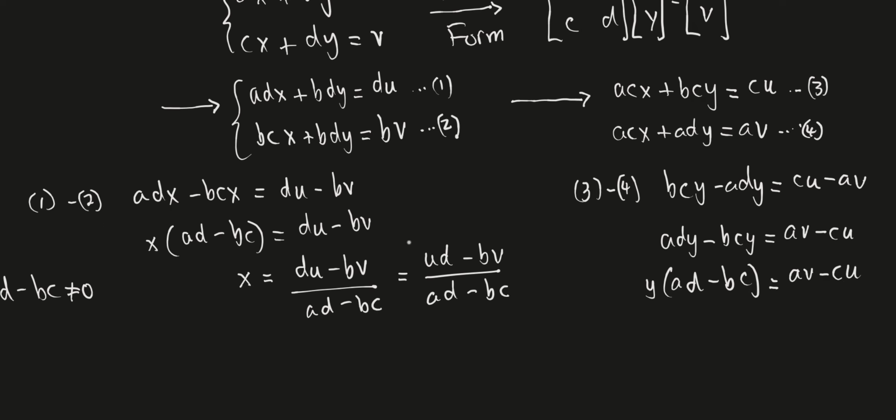And then again, under the same assumption that AD minus BC is not equal to 0, my y variable is equal to this expression, AV minus, I'll write this as UC, over AD minus BC, right?